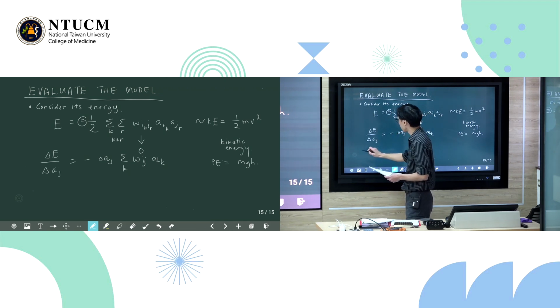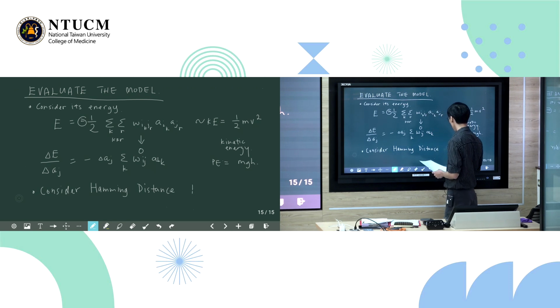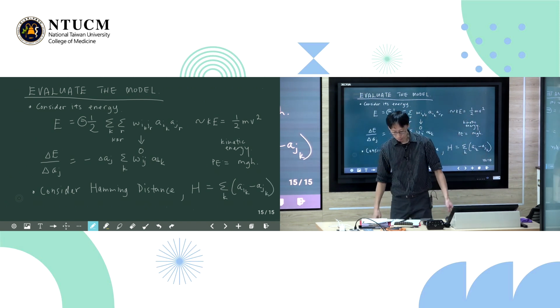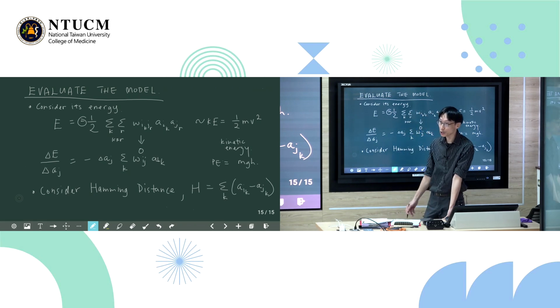Another metric or evaluating component that we will consider is the Hamming distance. The Hamming distance is defined as h equals the sum over k of a_ik minus a_jk. Because it is binary, where a_i and a_j are either 1 or 0, these are just integers.